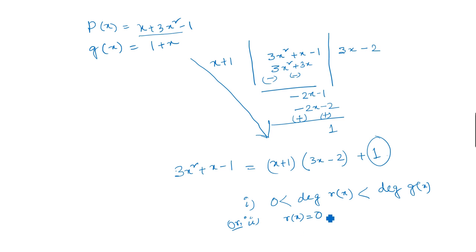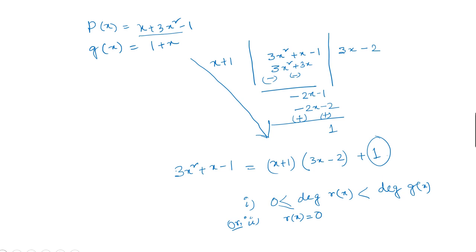Mind it that R(x) equals 0. If R(x) equals 0, then R(x) has no degree, right? Okay, the degree of R(x) can be equal to 0 also. In this case the remainder is 1, which is a non-zero constant polynomial, so its degree is 0.